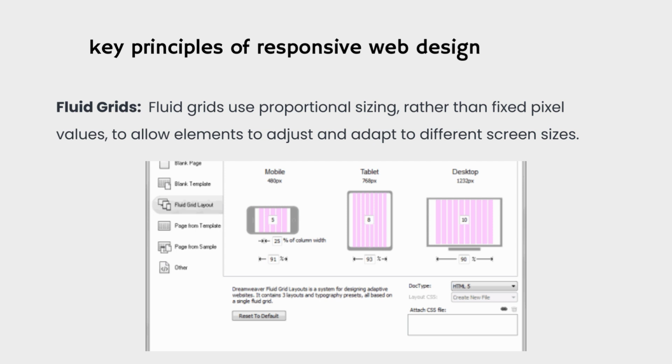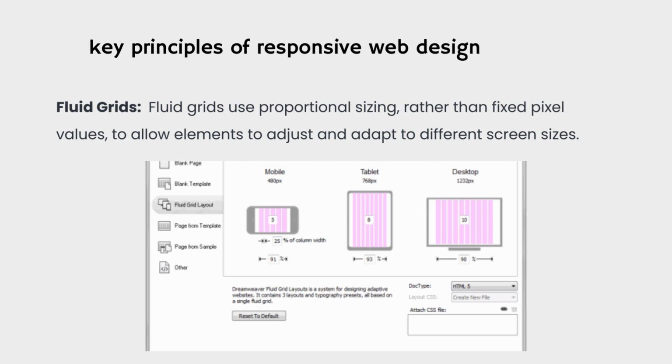It's kind of like a section. So what we want to be doing when building a responsive website is to use fluid grids. And what are fluid grids? They use proportional sizing rather than the traditional fixed pixel values, and this allows elements to adjust and adapt to different screen sizes.